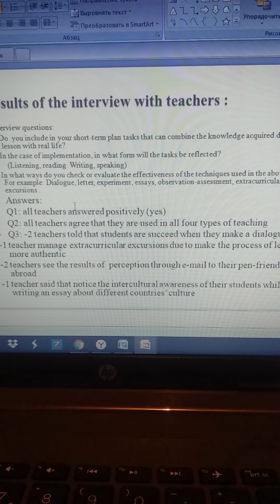Two teachers see the results of perception through students writing emails to their pen friends abroad. And one teacher said that she noticed the intercultural awareness of her students while writing an essay about different countries' culture.